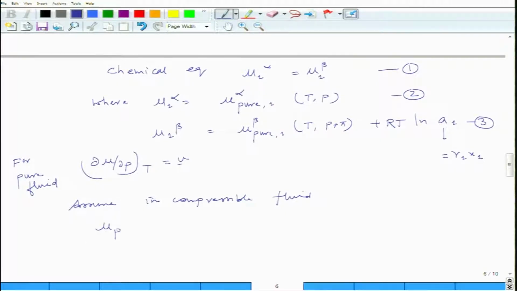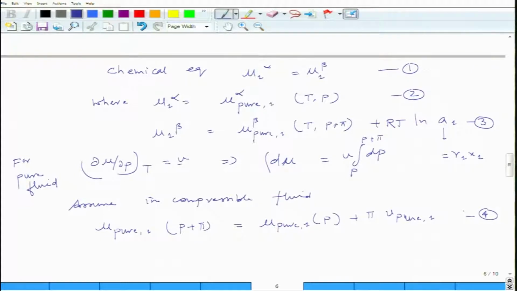Then I can write, if you integrate this, mu pure 1 at P plus pi is equal to mu pure 1 at P, and this delta P is nothing but pi V pure 1. Okay.